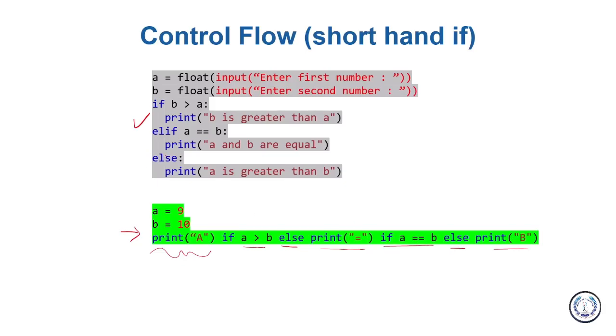This is exactly the same kind of structure. You just read that if A is larger than B, then print A. Else if A is equal to B, then print equal. Else print that. So that is a short form of writing this if, else structure.